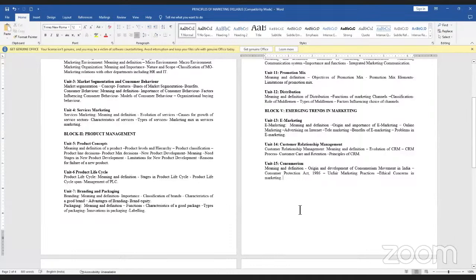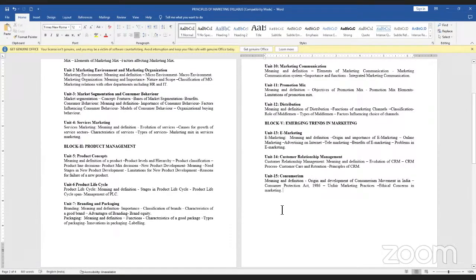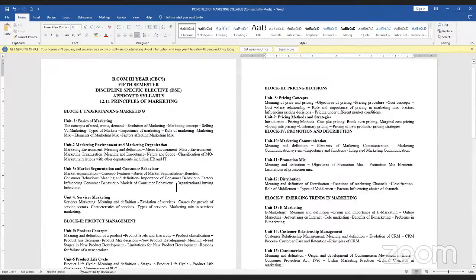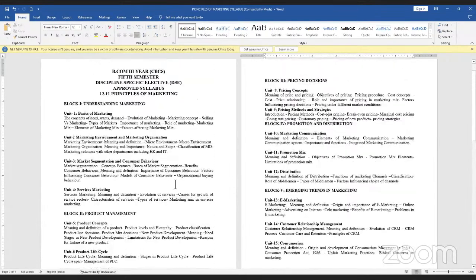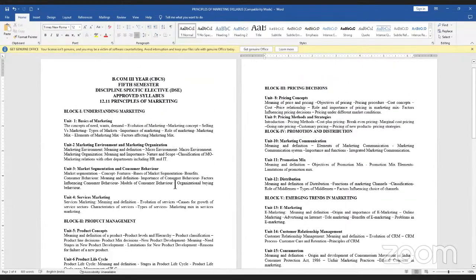So altogether there are 5 blocks and 15 units. Since these are electives, you might be allotted 8 classes, hopefully. So we have to divide this equitably within the limited span of time.